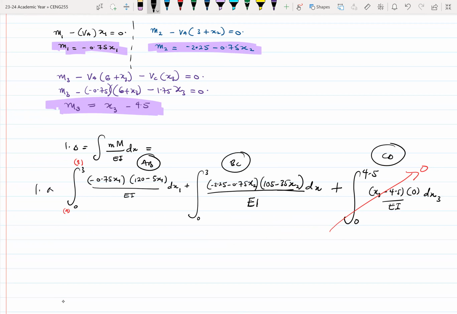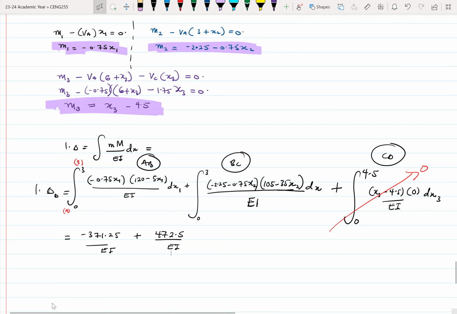So 1 times delta D is equal to all of this. Okay. So if we do our integration and we substitute all of our answers in there, you get minus 371.25 over EI for the first term plus 472.5 over EI for the second term.